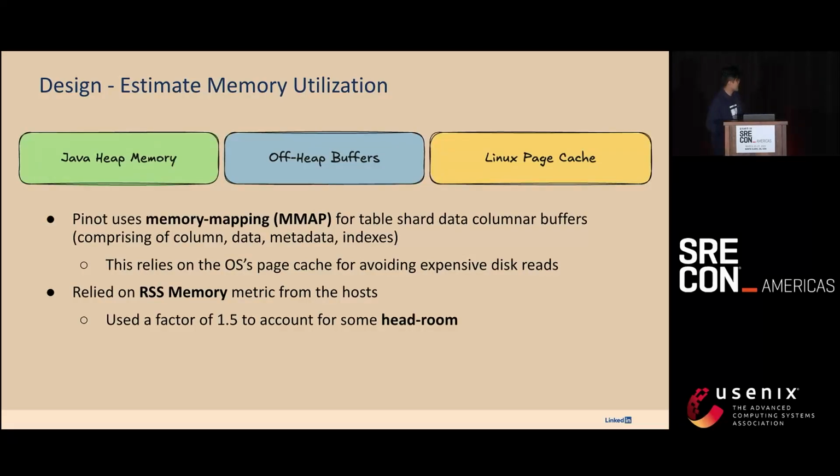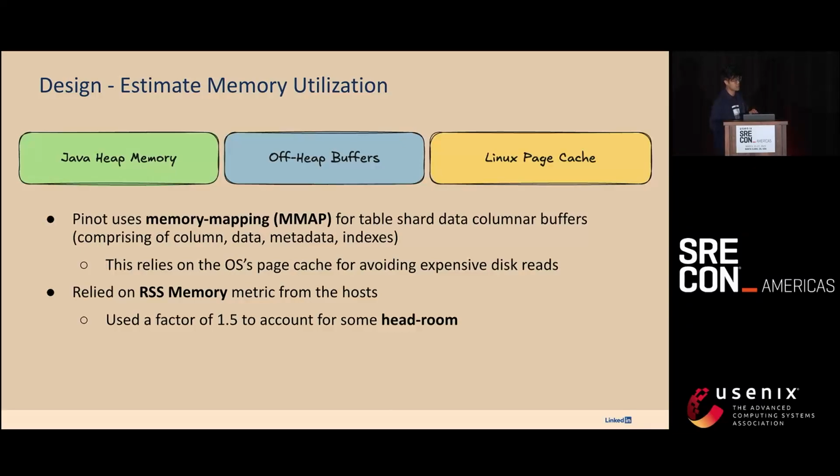Okay, so the green and the blue box here, if we sum them up, will be reflected as the RSS memory, which we collect, and we put a headroom of 1.5 on top of it as the final memory usage. As for the memory mapping part, this part is a little tricky.